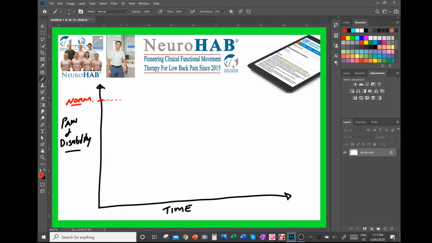So this is a decreasing function. Let me just reverse that. So your level of ability drops down, and then you intervene with some form of therapy, whatever that may be, and things hopefully start to plateau off, or stop deteriorating at the same rate.